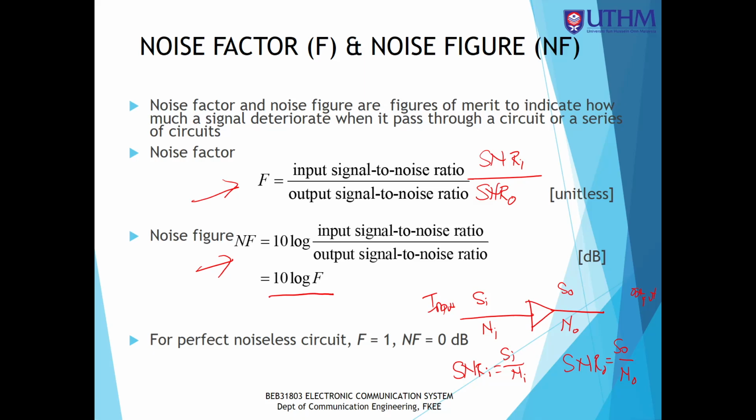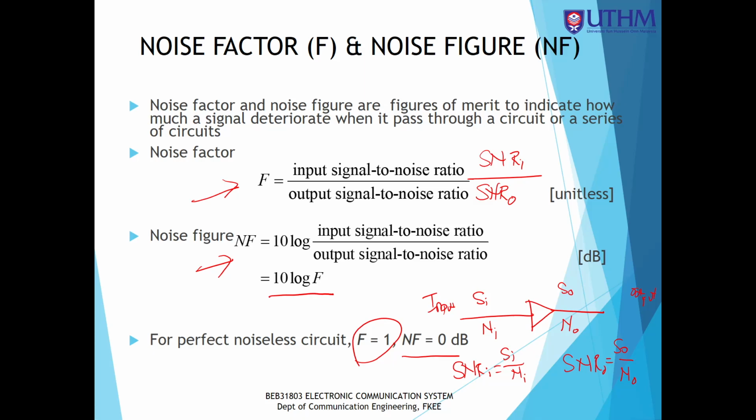In a perfect system, F equals 1, input sama dengan output, which is a perfect system. It doesn't exist in the real world. In the perfect system, NF is 0 dB. So we want the noise factor to be as close as possible to the value of 1.